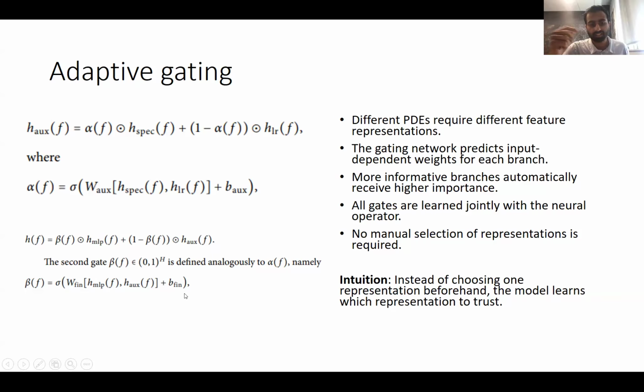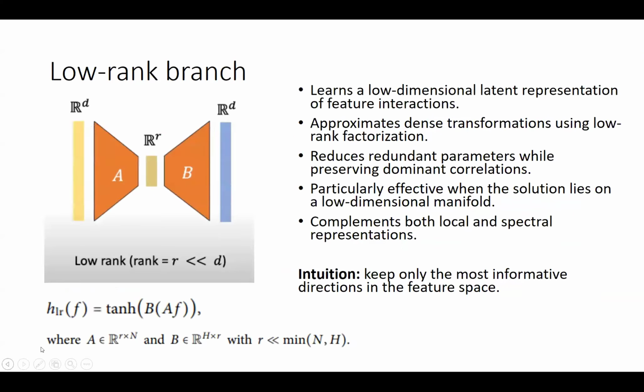I was asking about the matrices A and B in the low rank representation. I think it was a couple of slides before. Oh, yeah, low rank, this one. Yeah, they are A and B, and of course they are trainable. They are two layers.